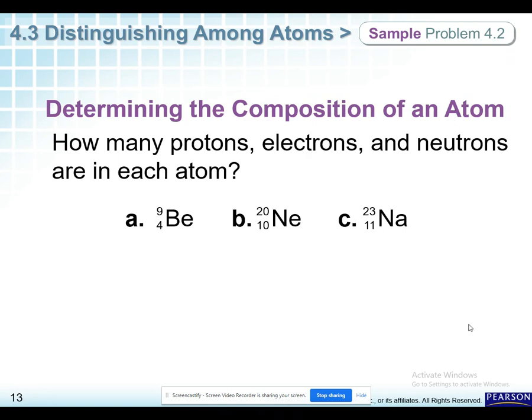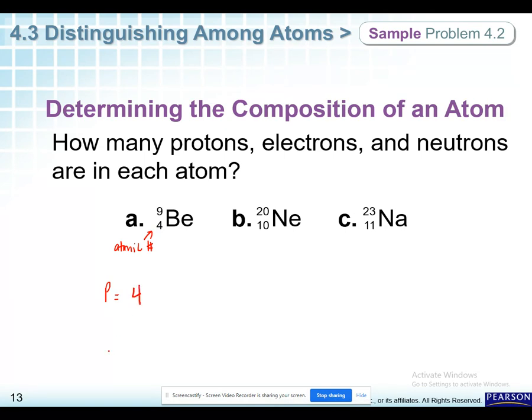Okay, welcome back. So right here we have Be. Hopefully if you pull out a periodic table, and I have one in my helpful links and resources, you're going to see that this element is beryllium. The bottom number is the atomic number. And we know that that number is equal to the number of protons.